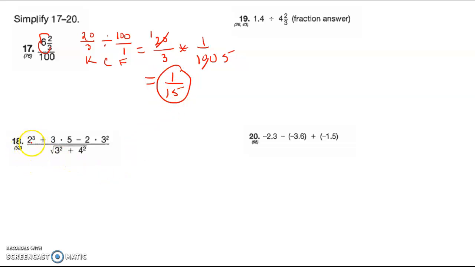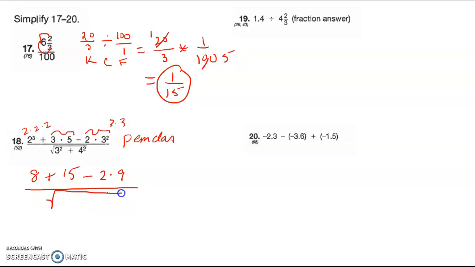All right, 18. So we're just going to work through PEMDAS on this. 2 cubed is 8, so this is 2 times 2 times 2. Plus, I have to do 3 times 5, which is 15, minus. I'm going to have to do 2 times 3 times 3 is 9.